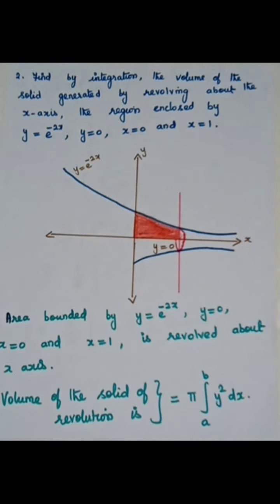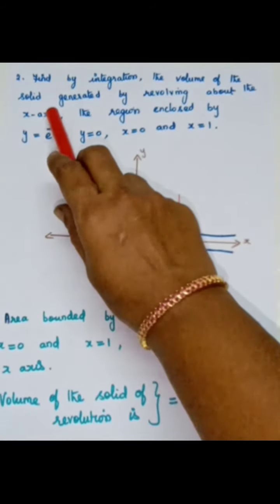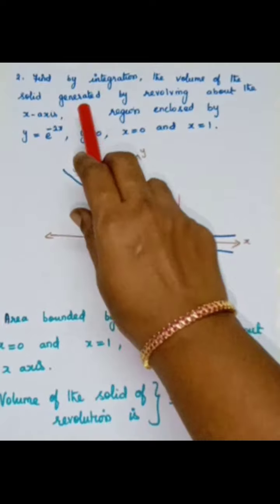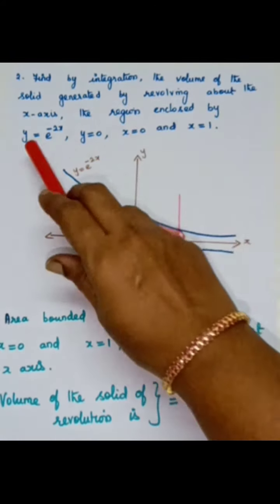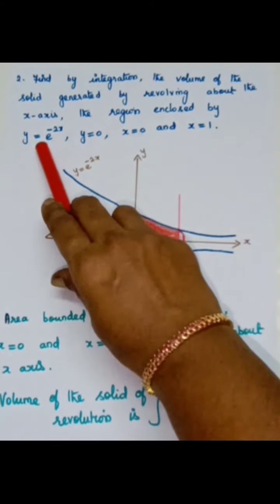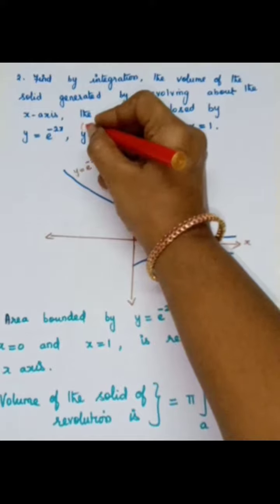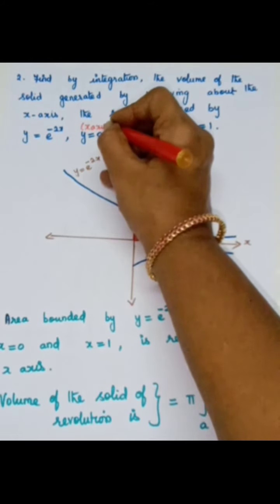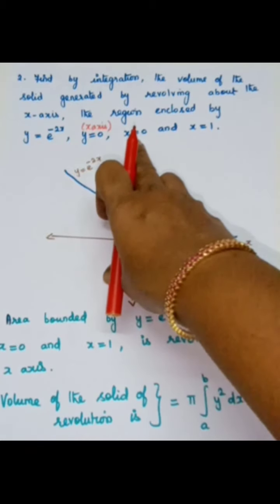You see that using integration, you are going to find the volume of the solid. The solid is generated by the region enclosed by the curve y is equal to e power minus 2x, y is equal to 0, which is nothing but the x-axis. So the curve and the x-axis, and x equal to 0 means the y-axis.